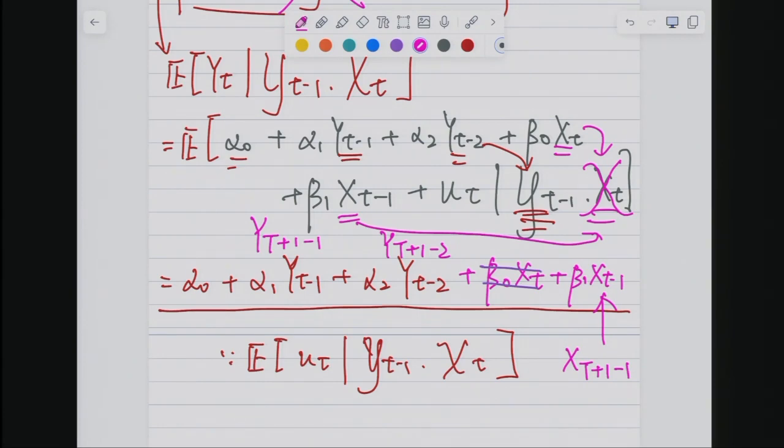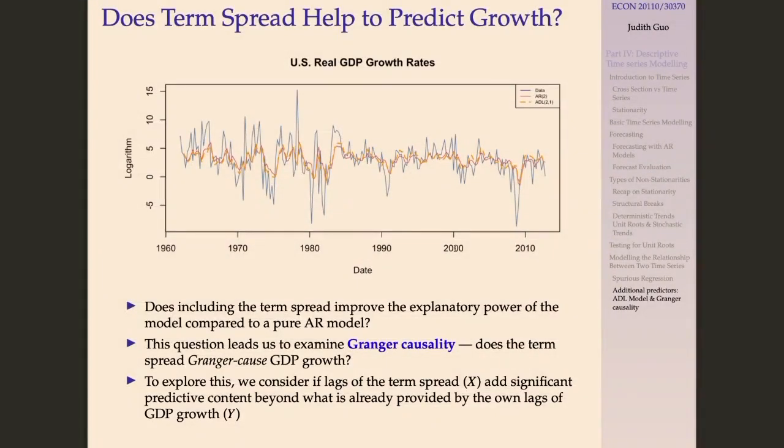So if we now add to the figure we've seen earlier also the fitted ADL21, okay? The question we want to ask here is, does including the term spread really help us to improve the explanatory power of the model compared to having a pure AR1? Okay?